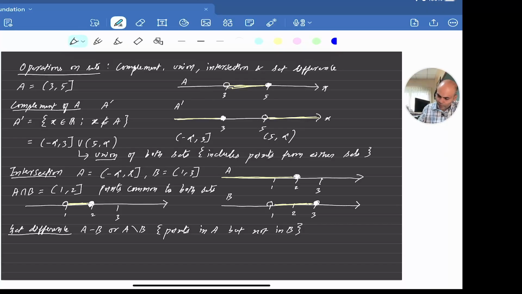So we have A shown here and then B shown here. From that, we can graphically represent points that are present in A but not in B.